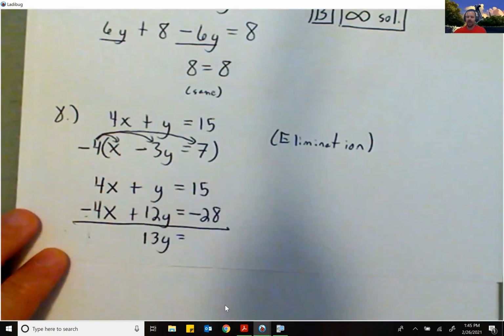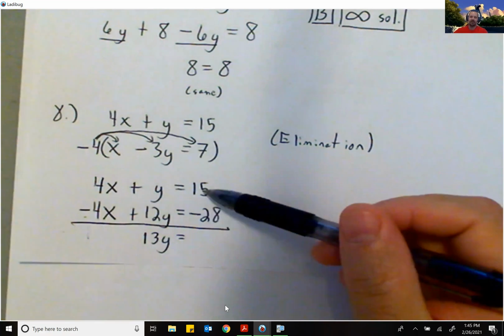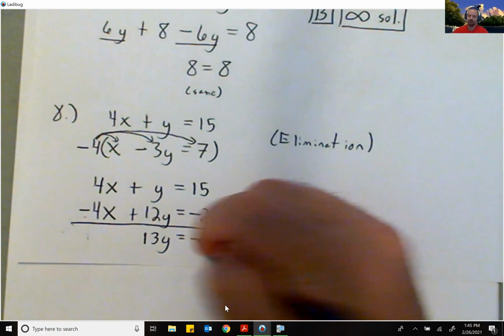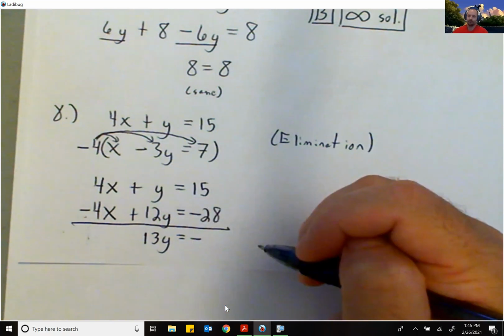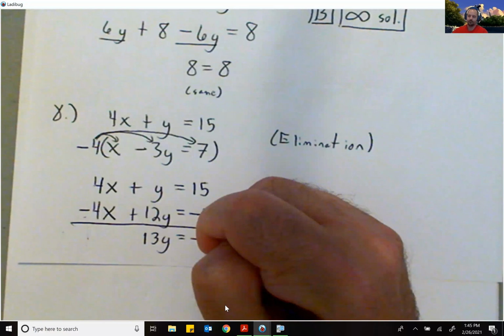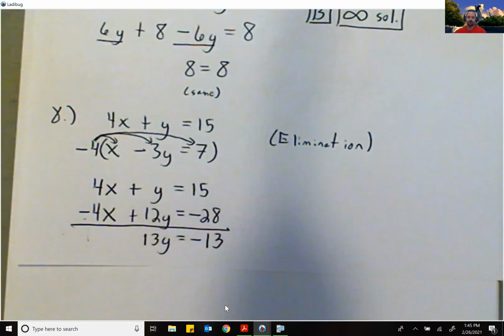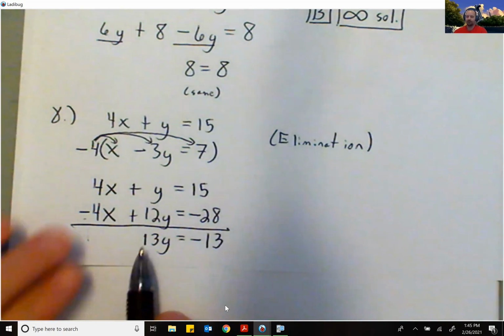And then when we add 15 with -28, what does that give us? Not -3. -13. So how do I get y by itself?